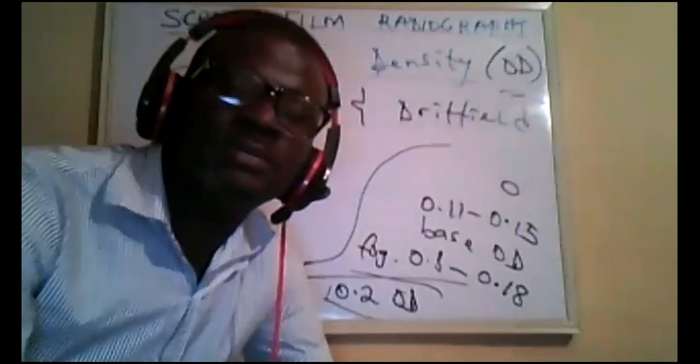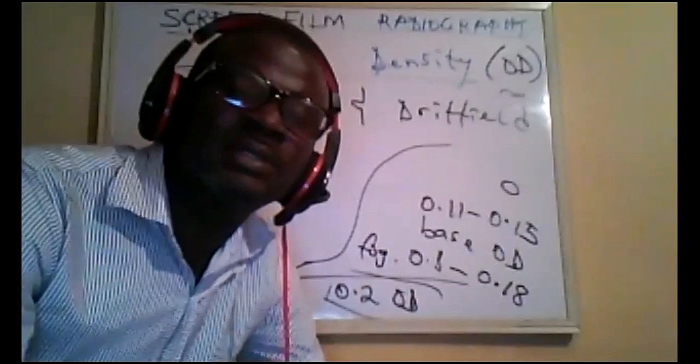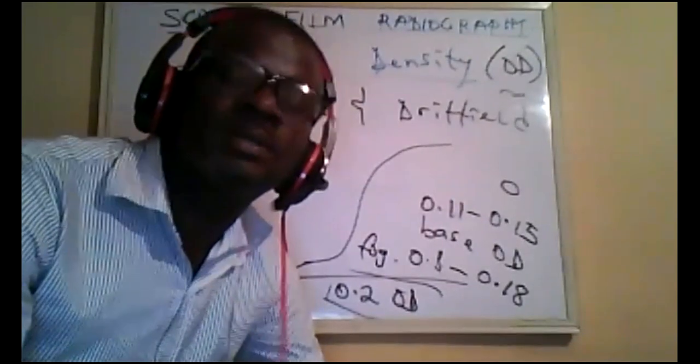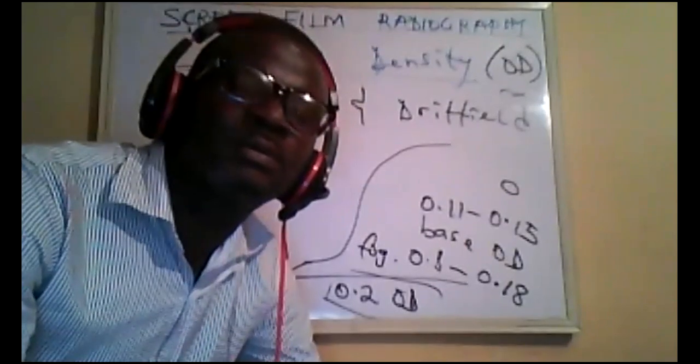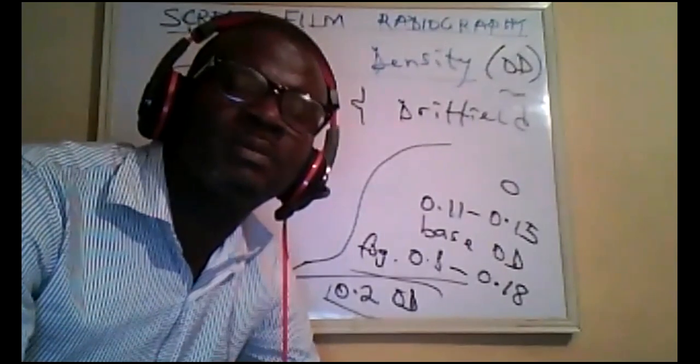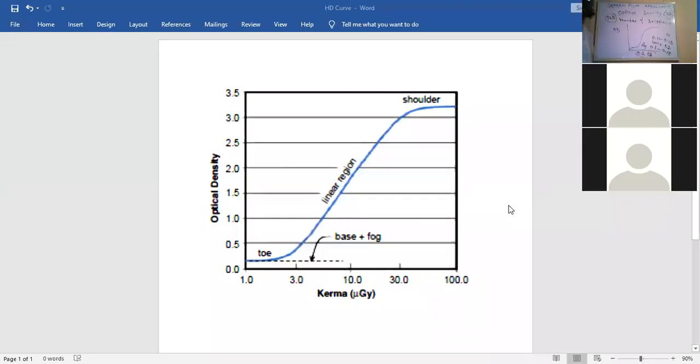Let's see this diagram. This is the HD curve, the Hurter and Driffield curve, which is also known as the characteristic curve.